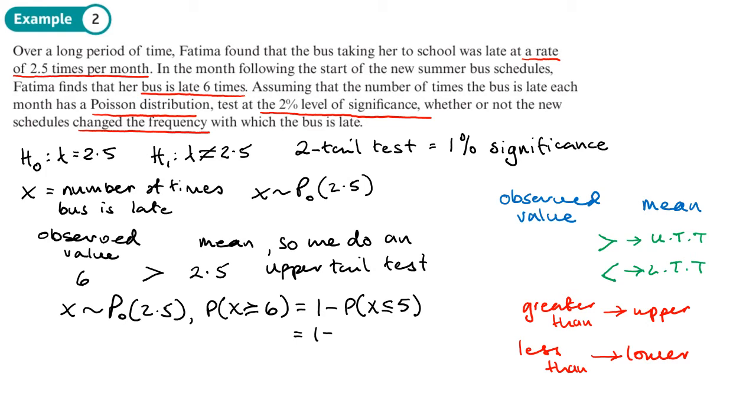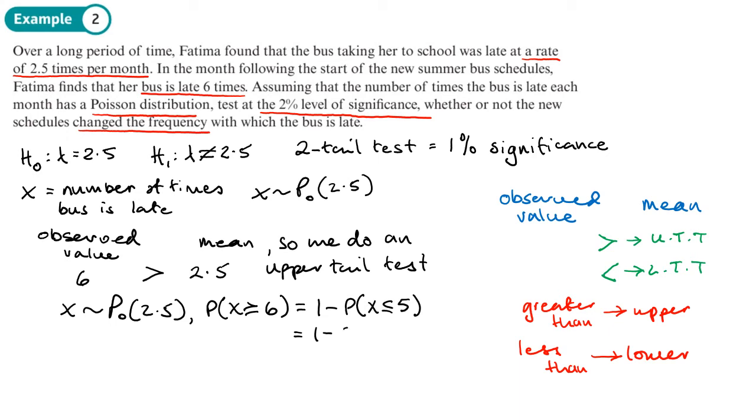That's going to be 1 minus, so Poisson CD, and variable x is 6, lambda is 2.5. So I get a value of, I think I said x is 6, sorry, x should be 5.